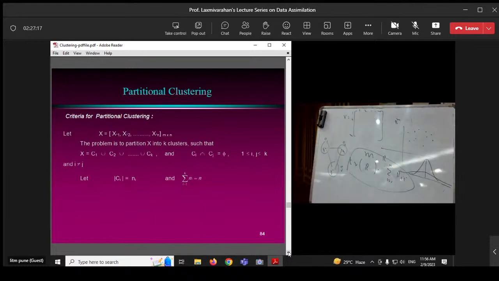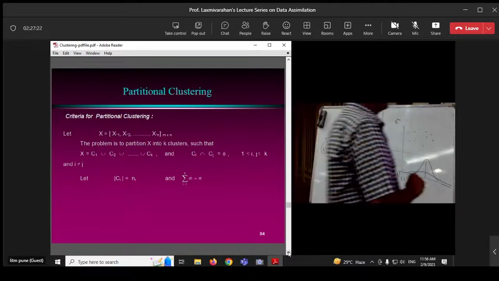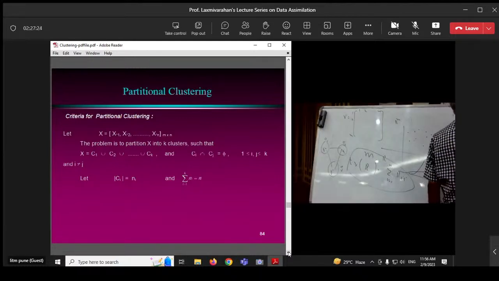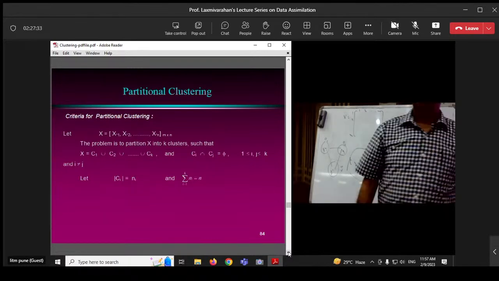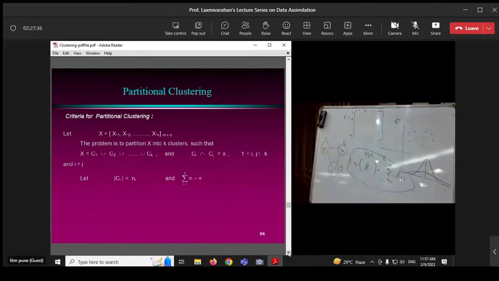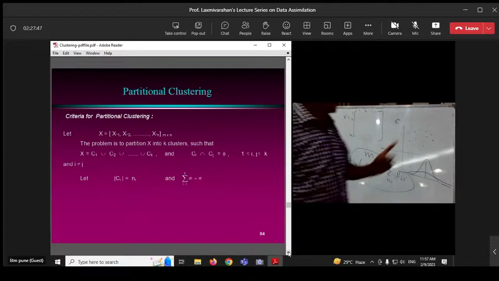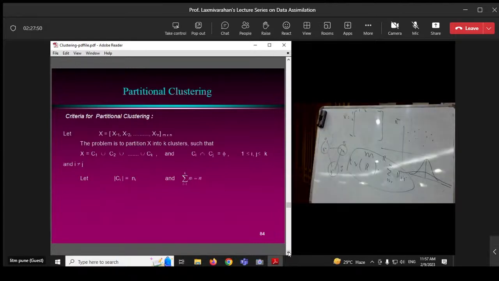Overlapping, non-overlapping clusters. Such that the number of elements in the ith cluster is Ni, and the summation of Ni is N. I have divided them into k clusters. The clusters are non-overlapping. And that's the mathematical characterization of that initial partition.